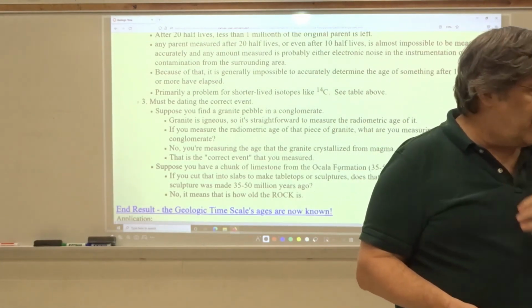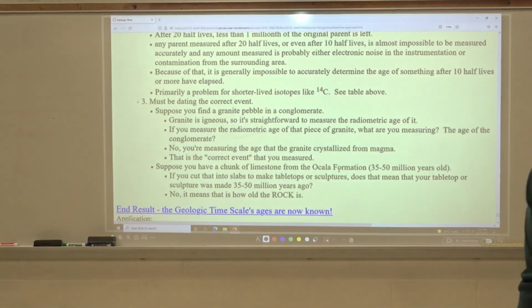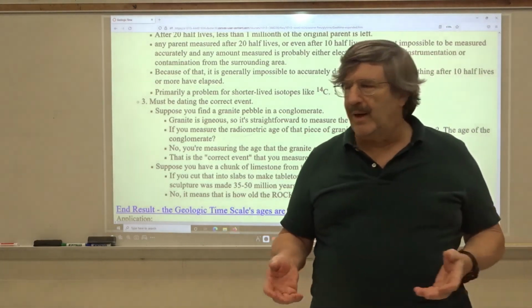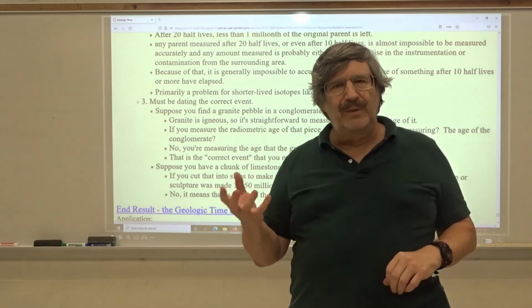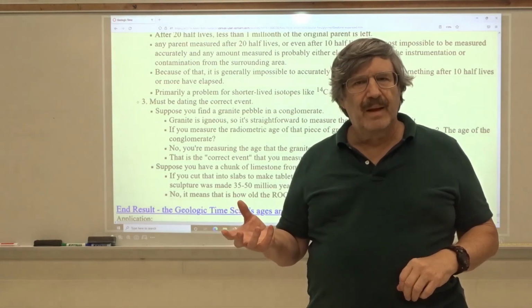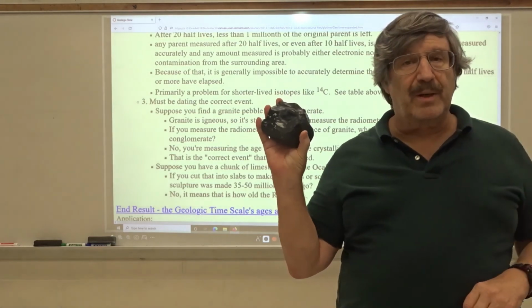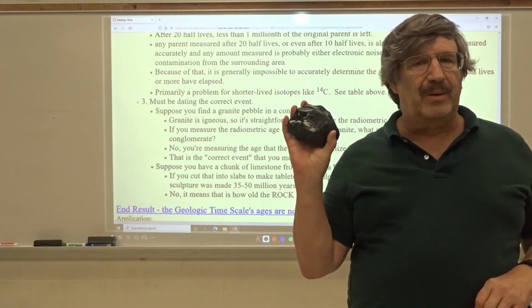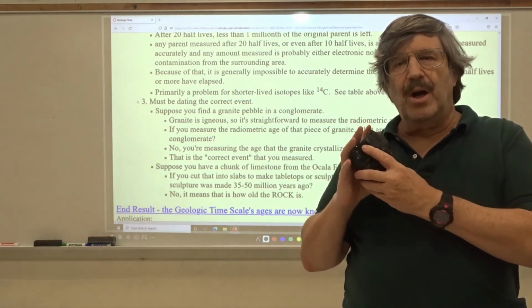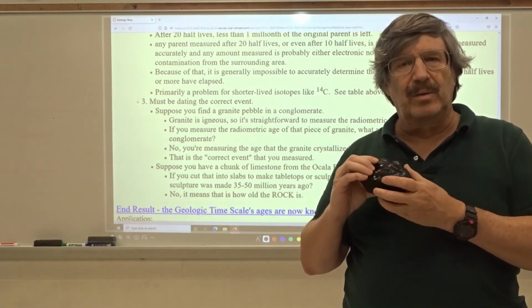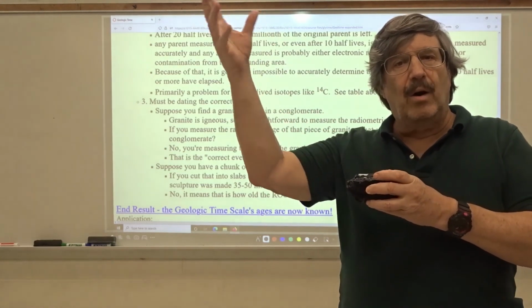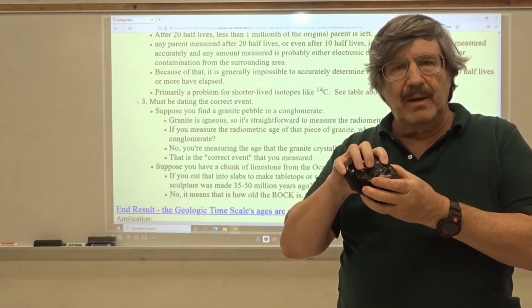If we find, for instance, an arrowhead, I don't have any arrowheads lying around. If we find an arrowhead made out of obsidian, and this is obsidian. Obsidian is a great material to measure radiometrically because when it's hot and still magma, liquid, any argon can escape.